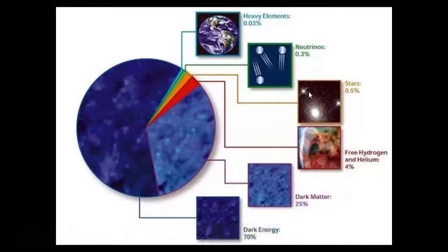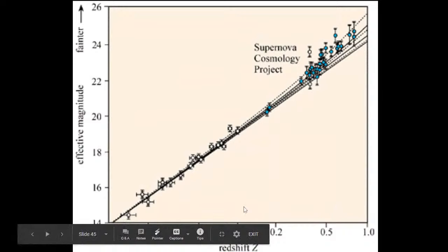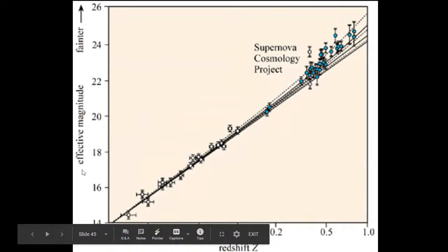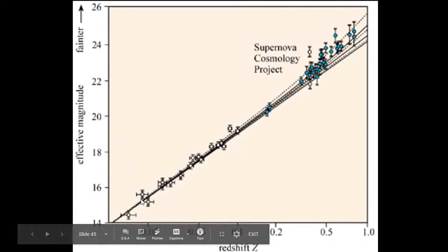By the way, how did one conclude about dark energy? It is by looking at the apparent magnitude of type 1a supernovae versus the redshift. I don't want to go into the detail, but whatever you have learned so far, the apparent magnitude, absolute magnitude, here what is being plotted is the apparent magnitude minus the absolute magnitude of type 1a supernovae observed at different distances.